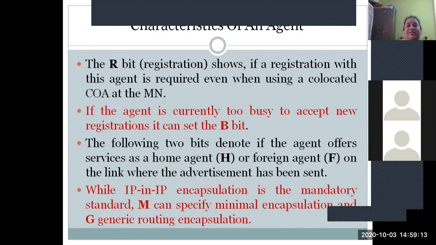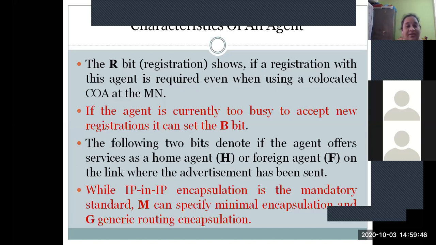See, these are all nothing but the characteristics of an agent. So these bits or flags are going to explain the characteristics of an agent. The R bit shows if registration is required even when using a co-located COA at the end. That is, if a registration with this agent is required even when using a co-located COA at the MN. For example, if you are moving, in a journey, you will be allocated only a co-located COA.